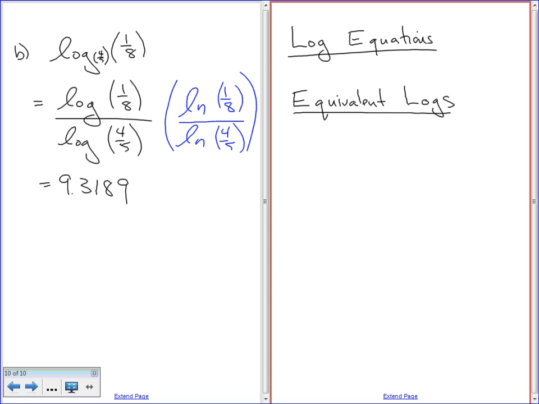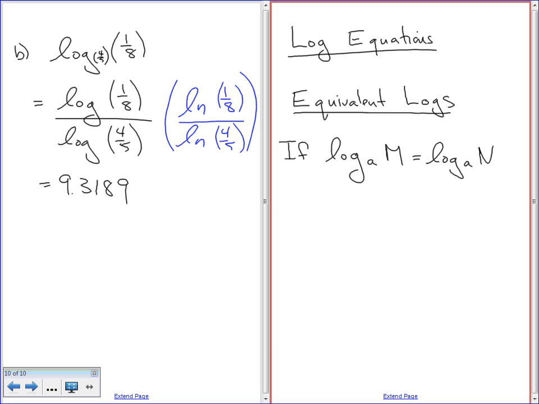Hopefully it's pretty straightforward, but if I have the log of something, which I'm going to call m, to any base, which I'm going to call a, and that's equal to the log of n to the base a, the bases have to be the same.